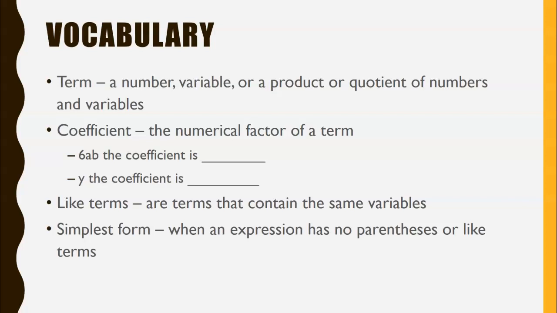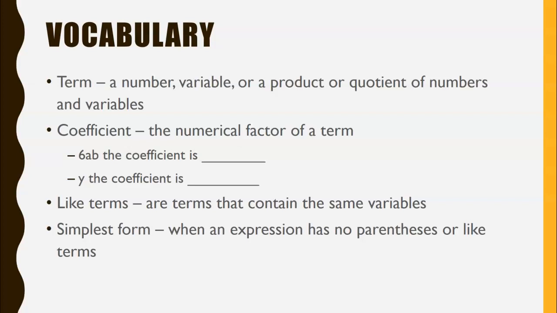A coefficient is the numerical factor of a term. And the key idea in that statement is numerical. If you look at the word numerical, you kind of see the word number. So the numerical factor of the term is the number.